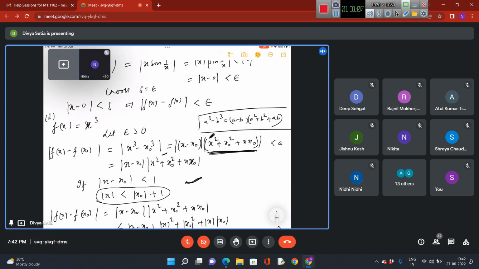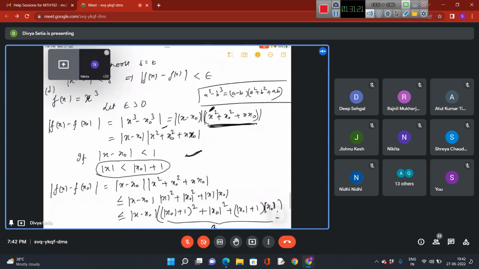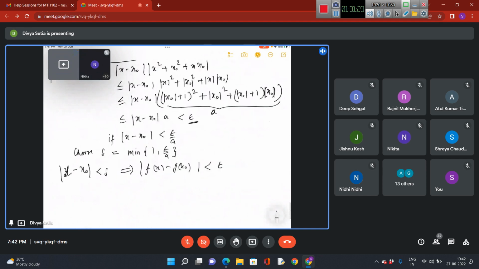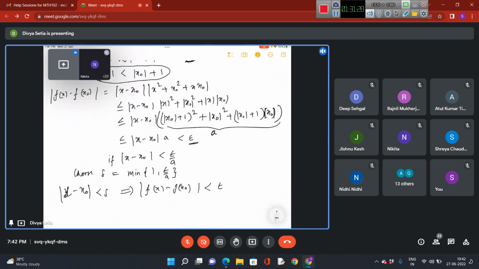No, because this extra part can be 0 also. Here it can't be 0. Right? Don't commit such a mistake. At least remember this point, that don't make your delta dependent on x. Delta should not be a variable, it should be a real number.